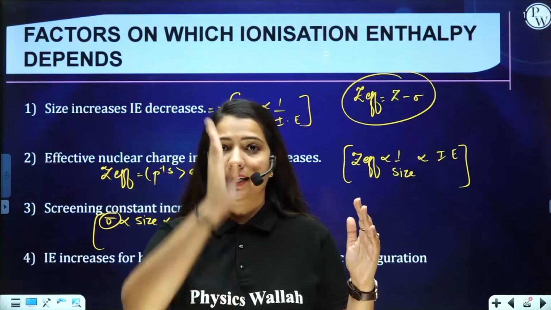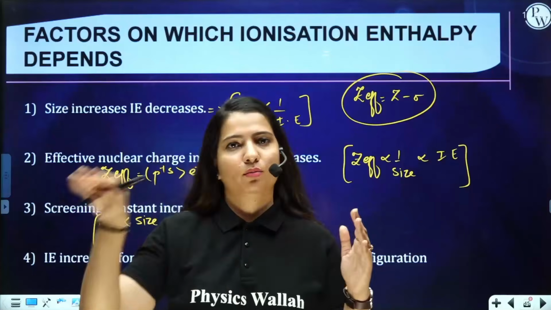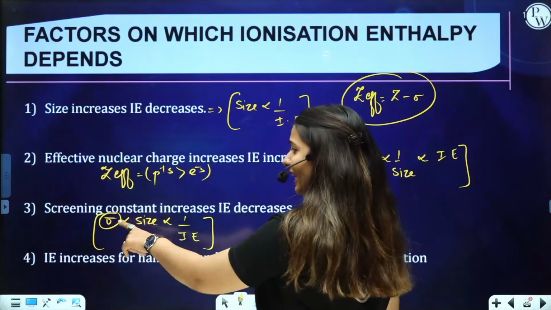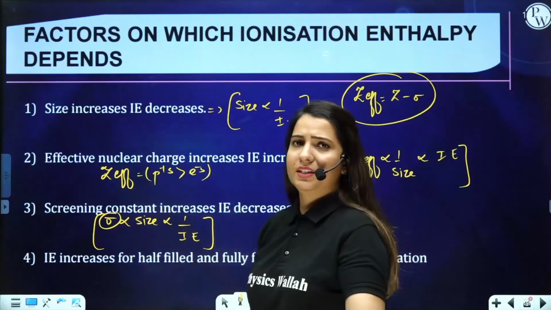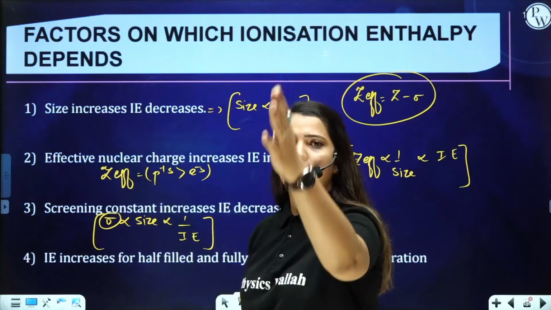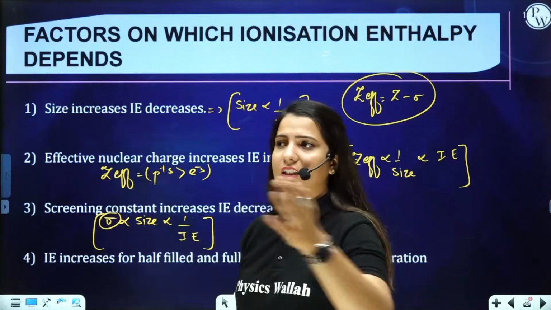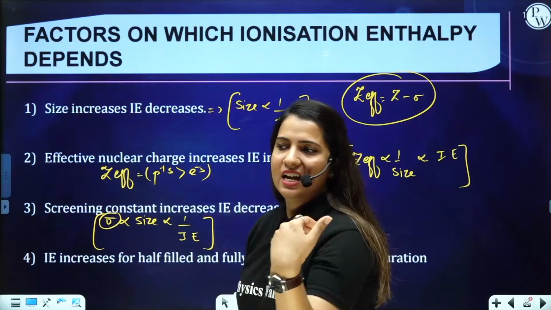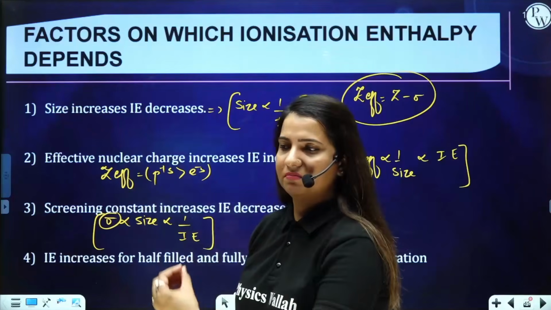They are shielding. So the attraction towards the outermost electron decreases. Electron can be removed very easily. So sigma increases, ionization enthalpy is decreasing. We have so much bigger wall of the electrons present in between the nucleus and the outermost shell. There is very less Z effective the outermost electron is getting. Electron will be removed very easily.